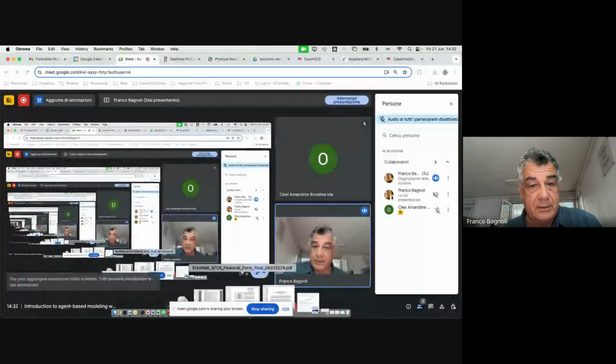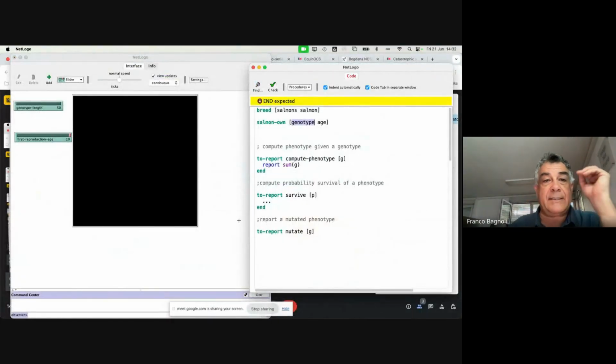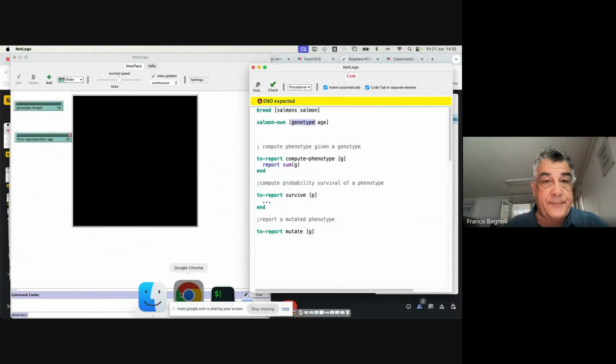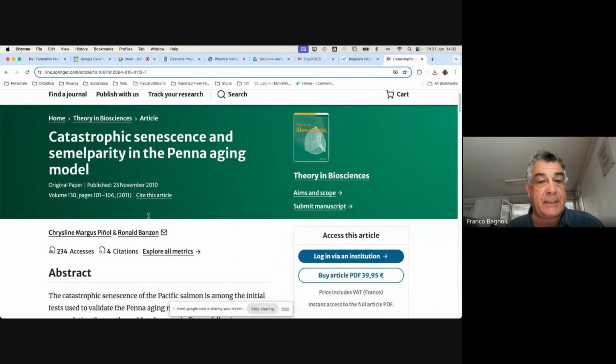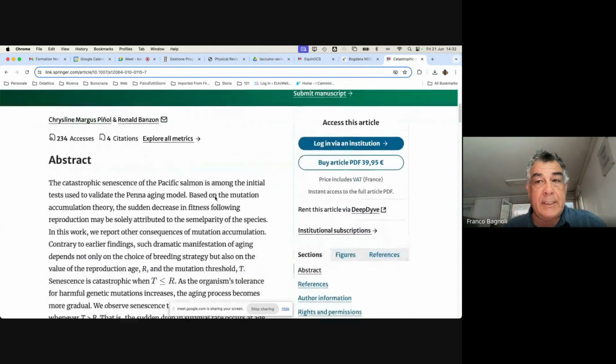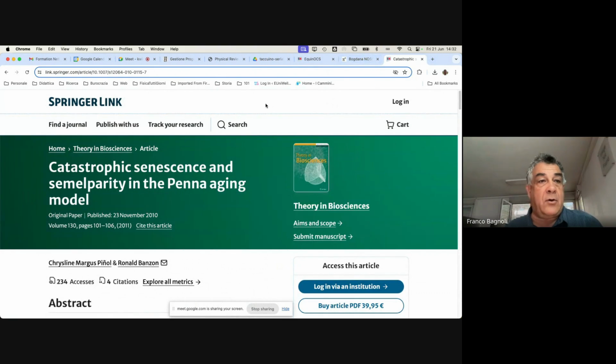Okay. So let me continue. So the idea is this following one. To try to model this article, catastrophic senescence and semi-parity in the pen aging model. So the idea is the following. The Pacific salmon only reproduces once and then it dies.